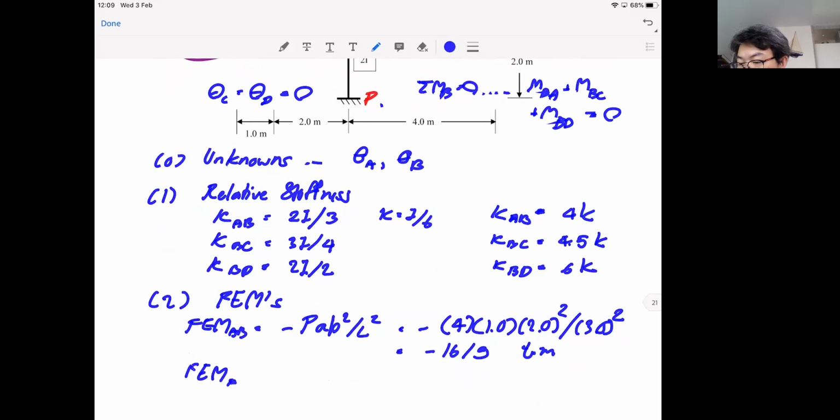FEMBA. Remember, when you have the load not in the middle, they're not equal, right? So this is plus now because it's BA, and then it becomes A square B over L square. So that is 4, 1 square.